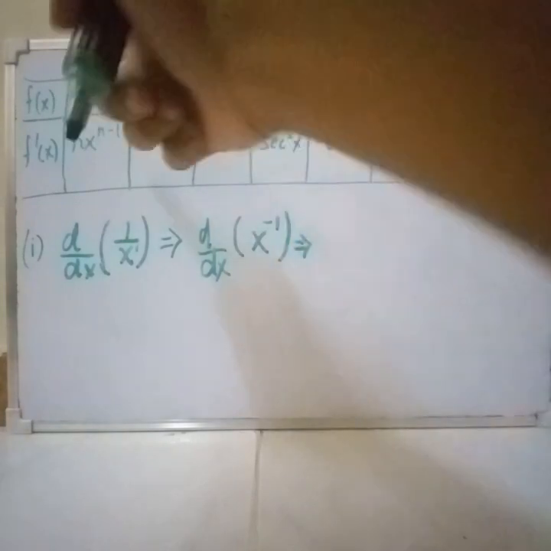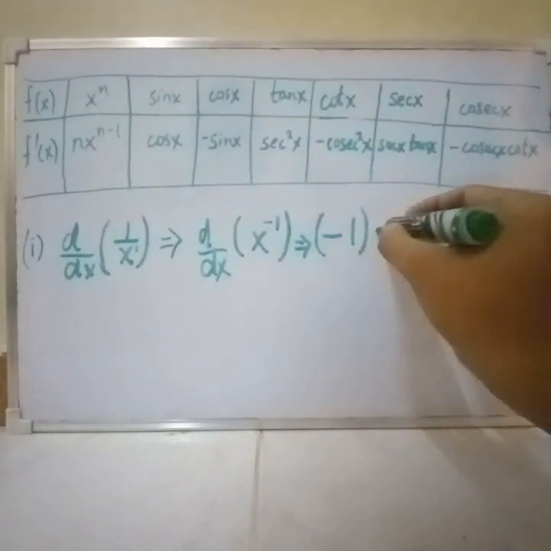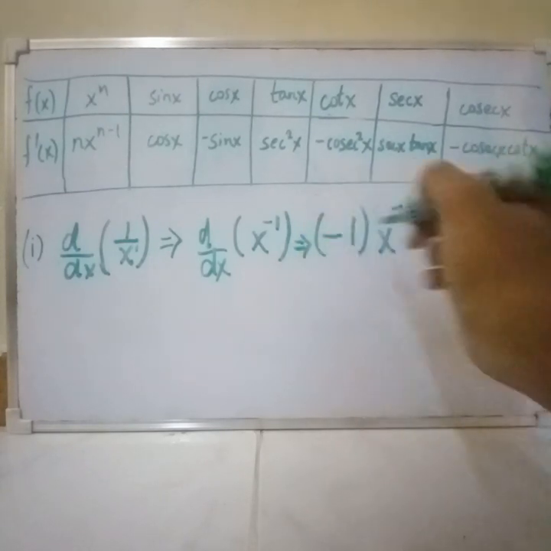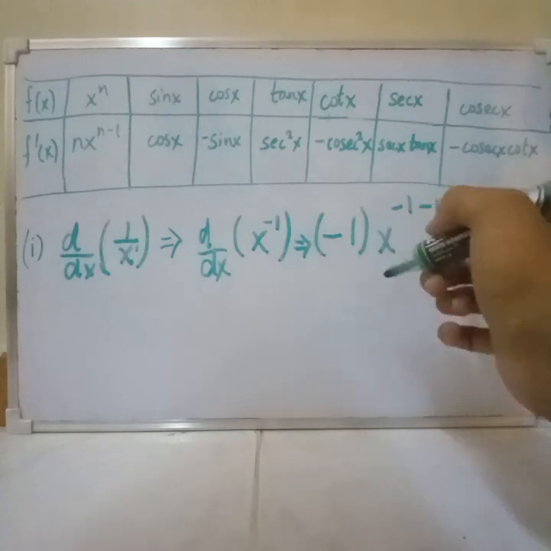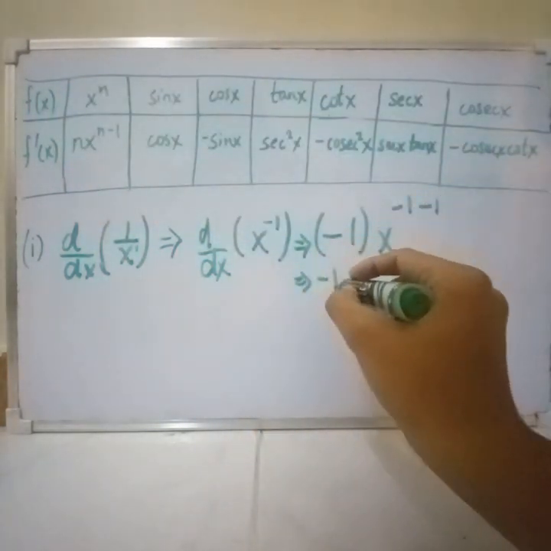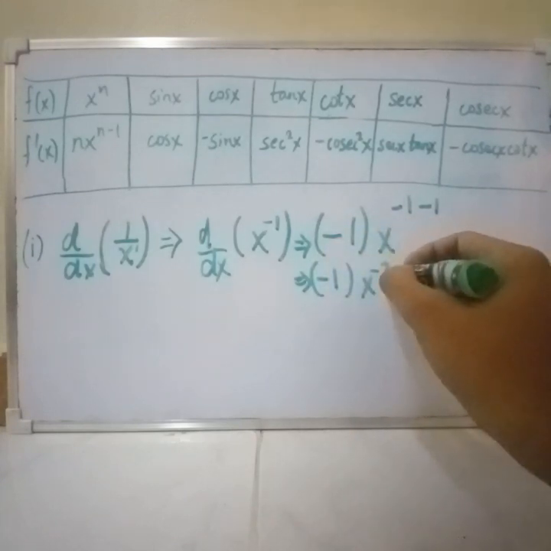So now you can apply the same formula as this one. The power multiplied with x raised to the power, and one more time we have to subtract 1. So it will be minus 1 times x raised to minus 2.